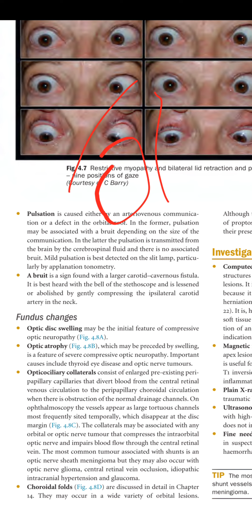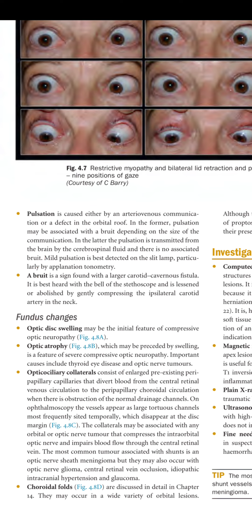Optic atrophy usually sets in after long term optic disc swelling. Optic atrophy, which may be preceded by swelling, is a feature of severe compressive optic neuropathy. Important causes include thyroid eye disease and optic nerve tumor. Opticociliary collaterals.